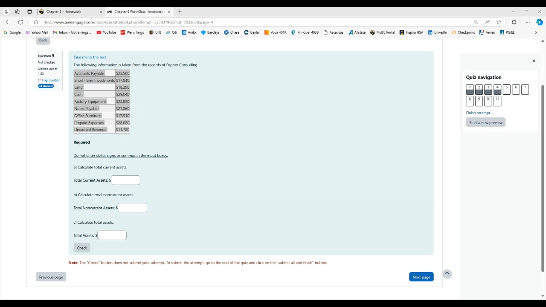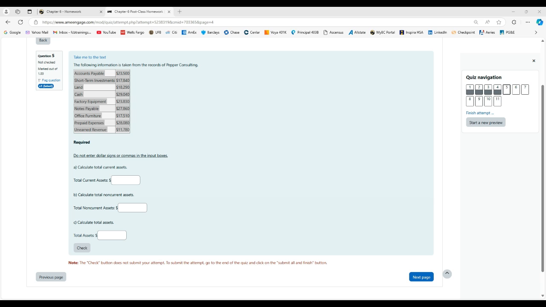So I'm just doing that in a spreadsheet real quick. And this isn't the full thing. We don't have any equity showing here or anything. So they're just trying to force us to do a little work to separate out what is an asset versus not an asset. You know what I mean? Okay. So short-term assets are things like cash.